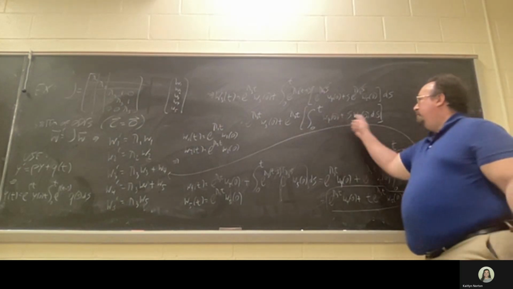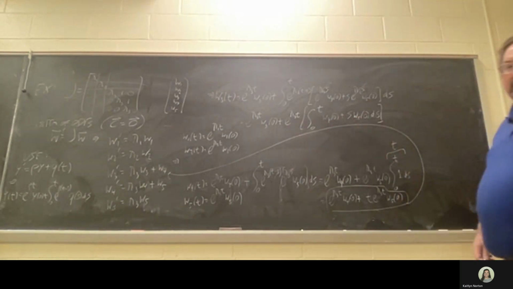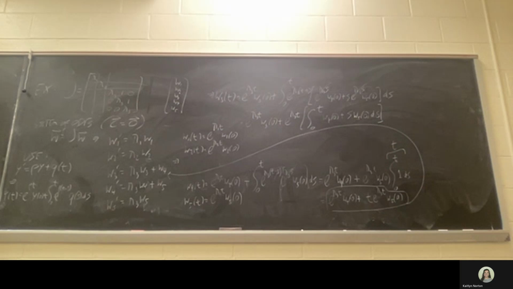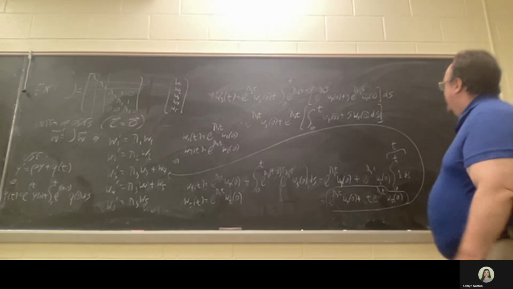I could break this down into two separate integrals. But w4 of 0 is also a constant. So we're just dealing with a constant plus s times another constant.